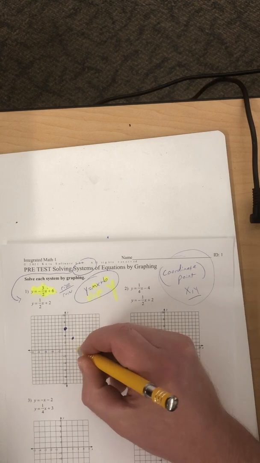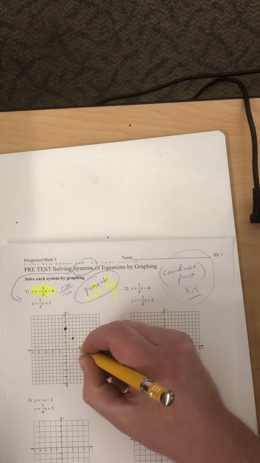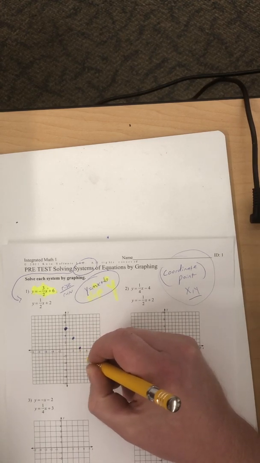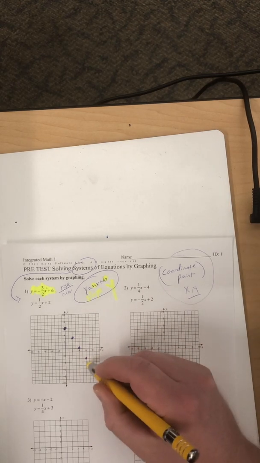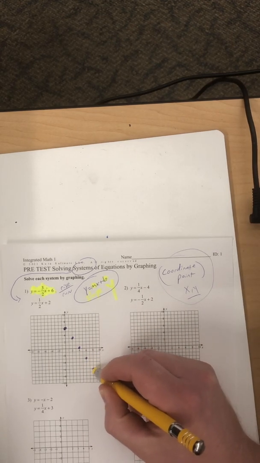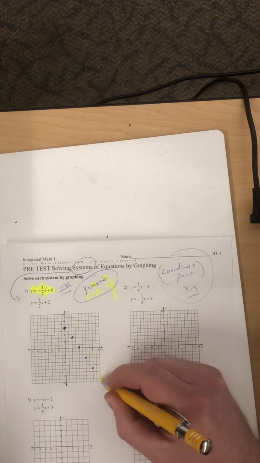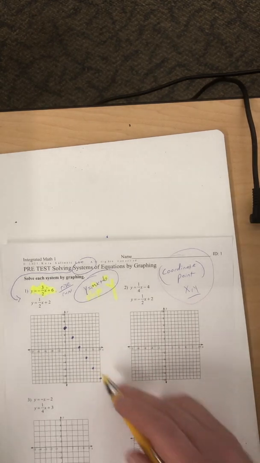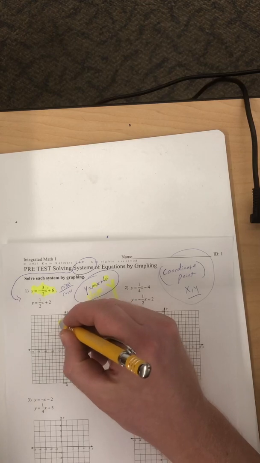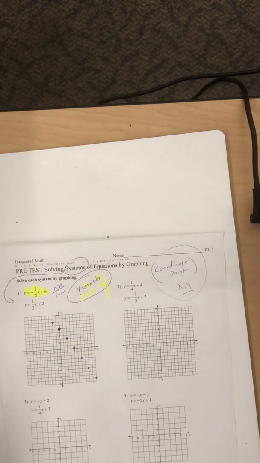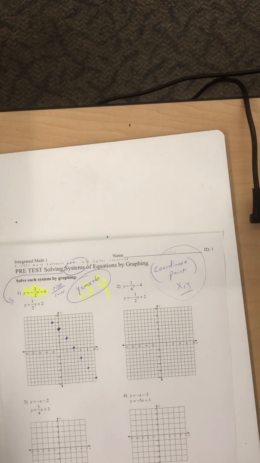Down 3 over 2. You guys get the point, right? I could keep on doing this all day. 1, 2, 3, 1, 2. All right, I'm going to follow that pattern in reverse just for one real quick. There we go. All right, so we have a line, right?